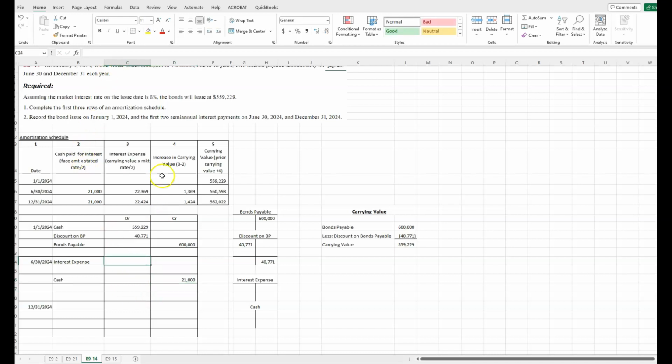What's our interest expense? Well, we've calculated it right here. 22,369. The difference reduces the discount on bonds payable account. That difference is 1,369, and we will credit that.